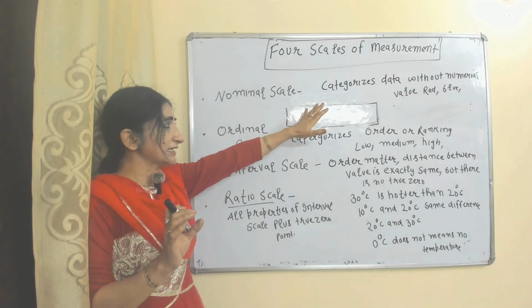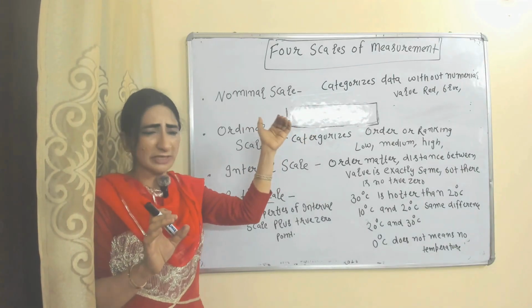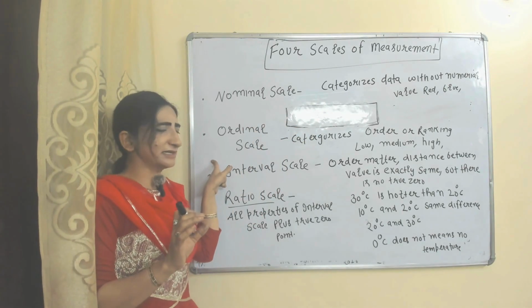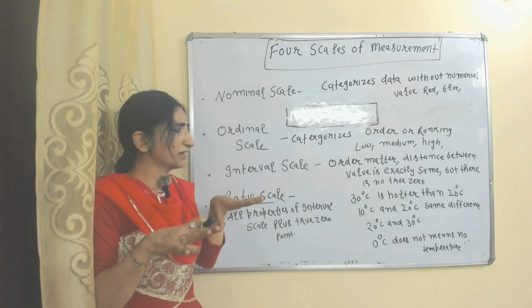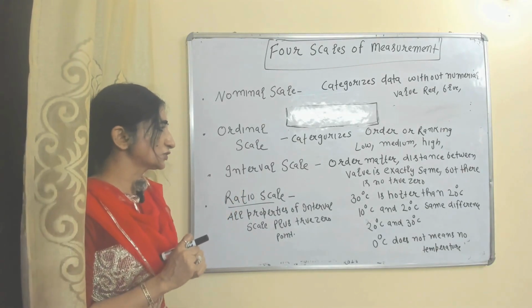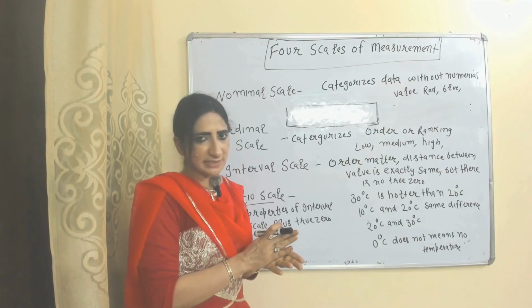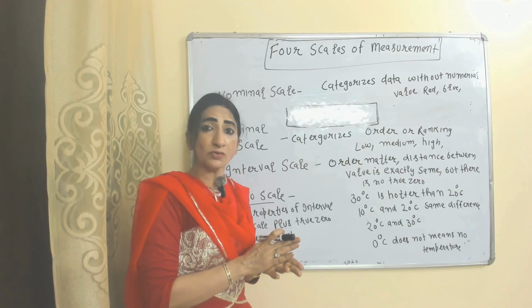Nominal scale categorizes data without any numerical value, for example, red, blue, green. Ordinal scale categorizes data into order or rank, for example, low, medium, high. Interval scale means order matters and the distance between values is exactly the same, but there is no true zero.